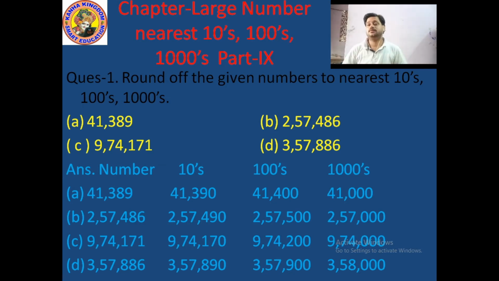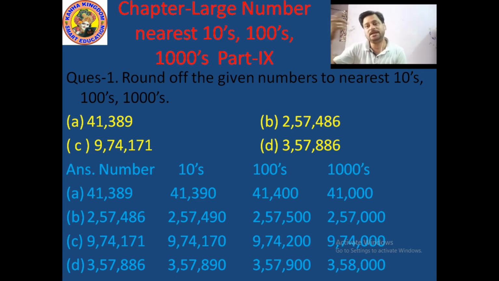So now again move to the question, 2,57,486. The actual answer for this number is 2,57,490. How?